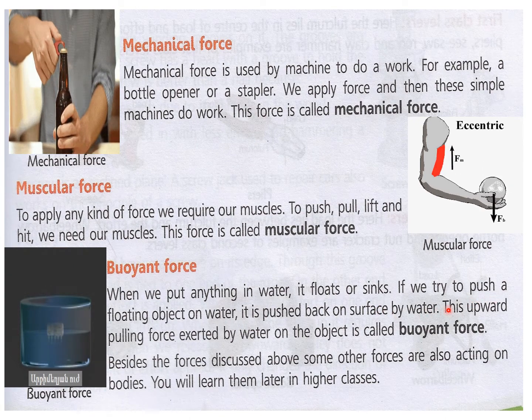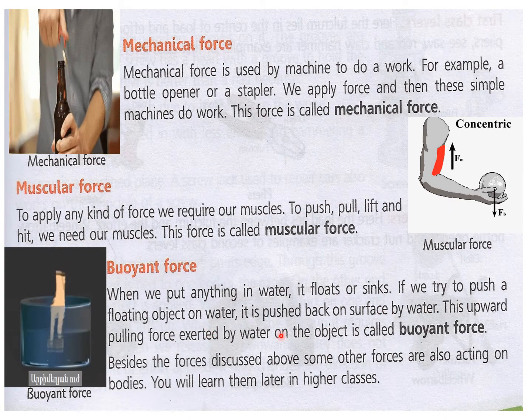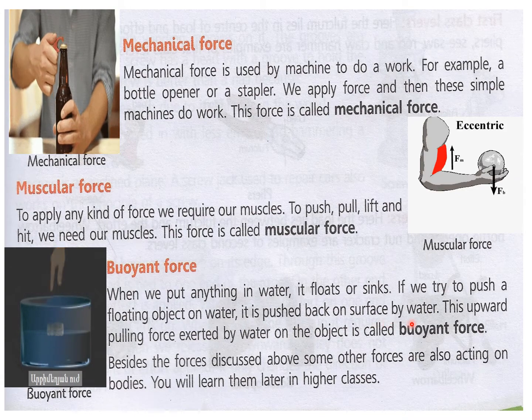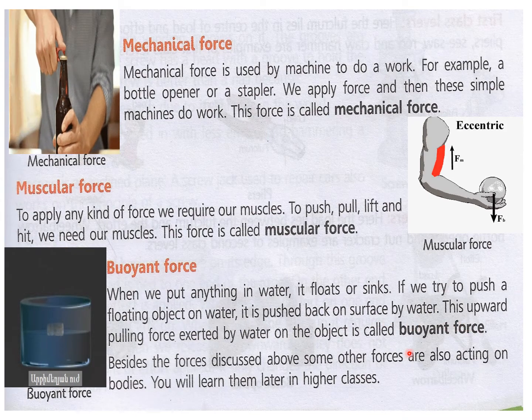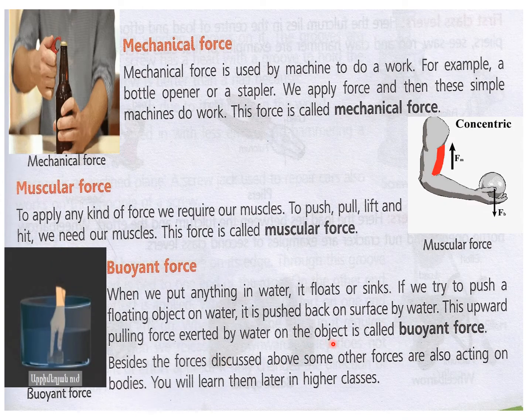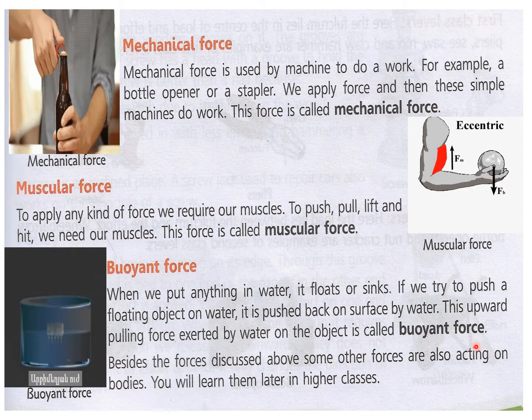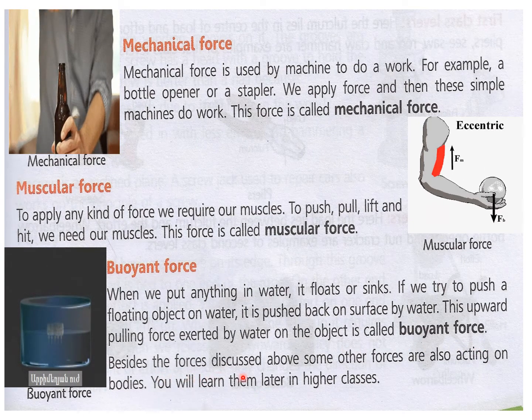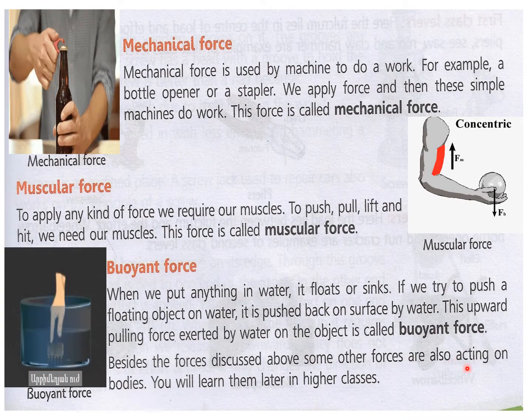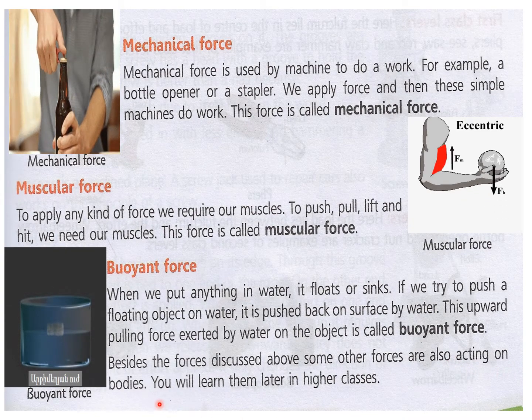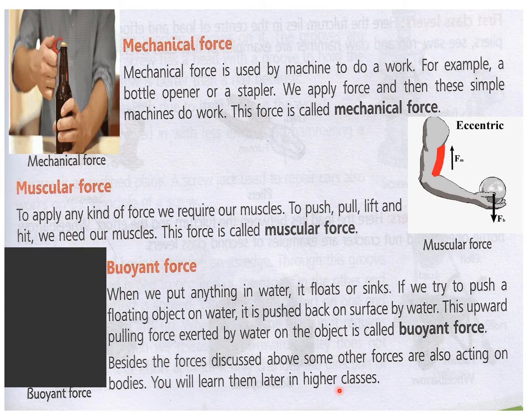If we try to push a floating object down in water, it is pushed back to the surface by the water. This upward force exerted by water on the object is called buoyant force. Besides the forces discussed above, some other forces also act on bodies. You will learn about them in higher classes.